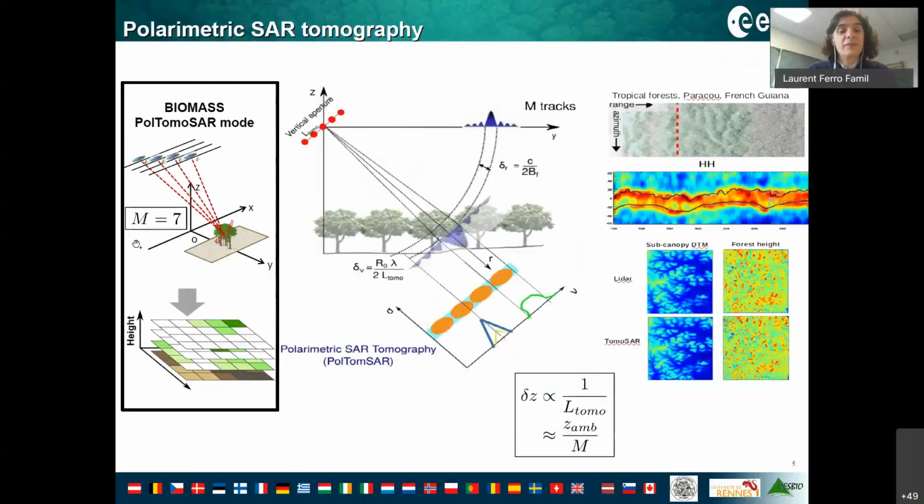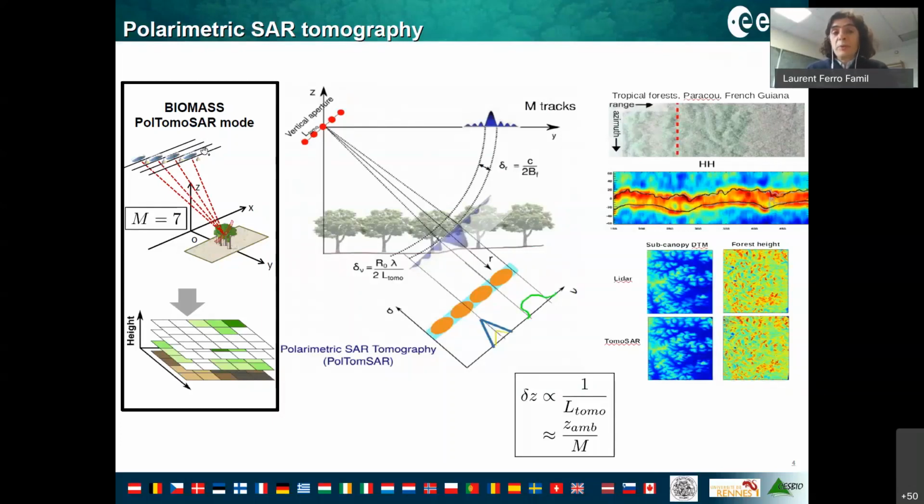On the left-hand side, you have the way people used to represent the Pol-TomoSAR mode that will be adopted by the future Biomass mission. You may have heard of this mission during this week. It will be launched in 2023, and it will measure the terrestrial environment from space using a P-band SAR device, and by combining the data acquired over different orbits and putting all these images together, you can describe an array in this direction, an array of sensors.